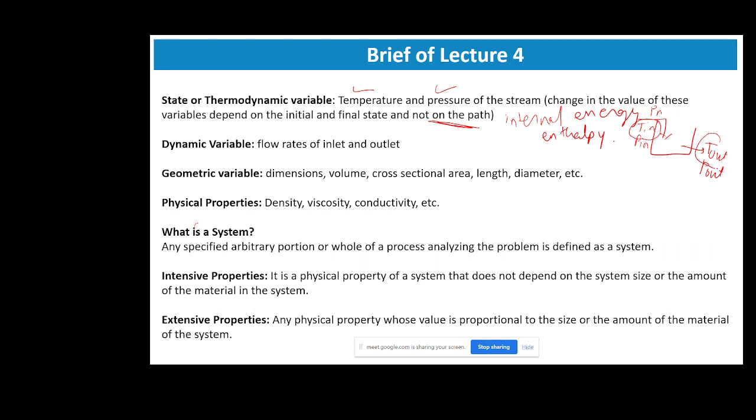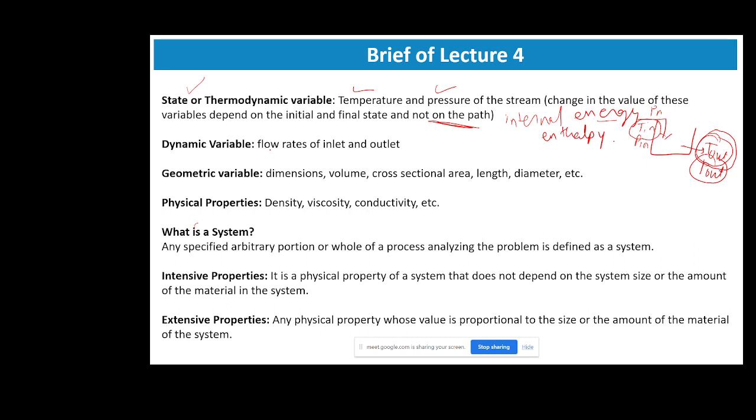It will just depend on the outlet variables. For example, the internal energy will be just a function of temperature and pressure, and not of how you have gone from one step or process to another. So these are known as state variables.